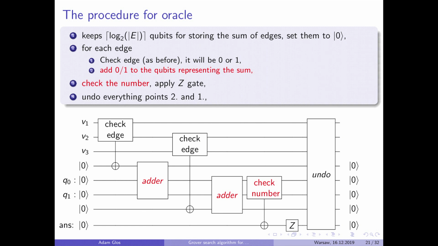After checking each edge, we need to check our number and apply a NOT at the very end, on the last qubit, for all numbers that interest us. Which numbers are interesting, I will say a little bit later. Then we again apply our Z, so that we mark our elements, and then we undo all of these operations except the Z gate.